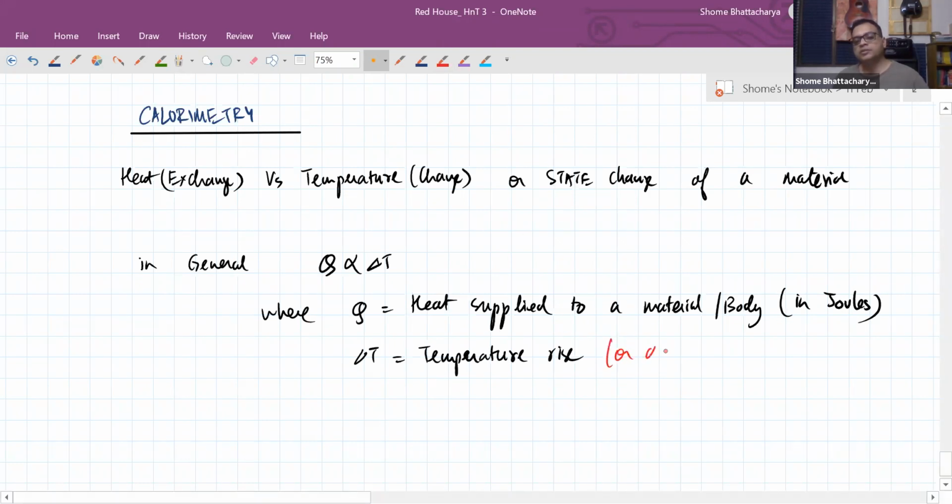Or there can be a temperature drop if instead of supplied heat, it is heat withdrawn or heat absorbed from. So if we supply heat to a body, its temperature rises. If we withdraw heat from a body or absorb heat from it, then its temperature drops. And the relation between the two is direct proportionality unless there is a state change occurring.